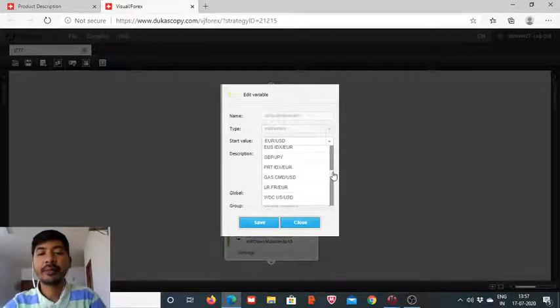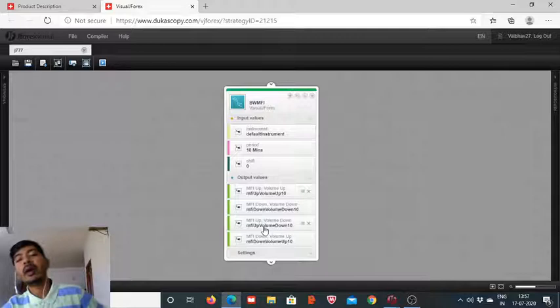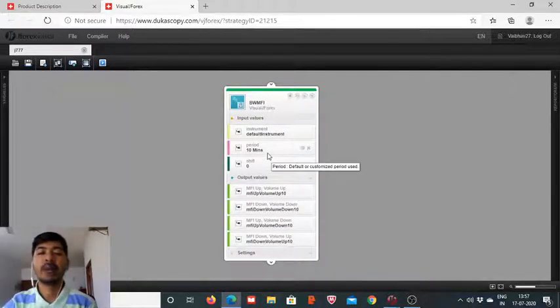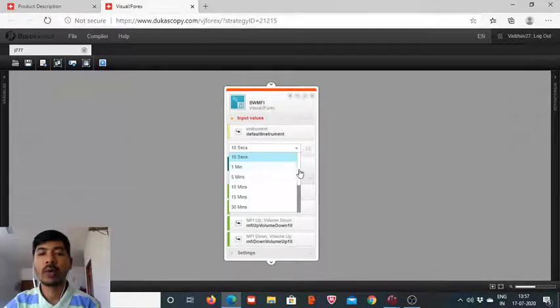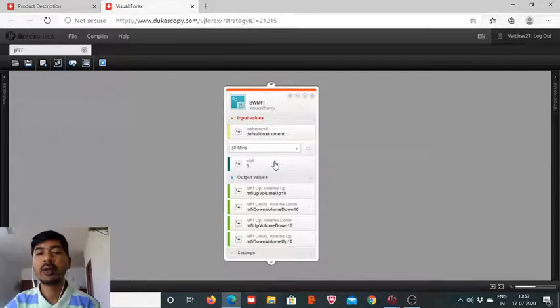Let us for example take GBP, and then you have to determine the time period on which you are going to apply that indicator. The default period has been set at 10 minutes, you can change it as well. You can take any time period starting from 10 seconds to almost 1 month. Suppose for example, let us take 30 minutes, and you can set that parameter here.